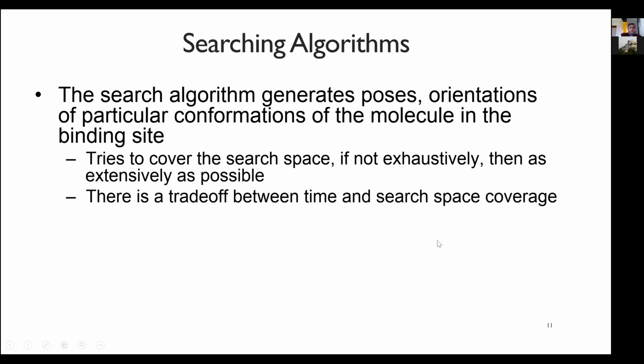Okay, now the search algorithm generates poses, orientations, and particular conformations of the molecule inside the active site. So what exactly it does is conformational sampling. Basically, the idea is to find out the correct pose or correct conformation or the bioactive conformation of the ligand molecule inside the active site.